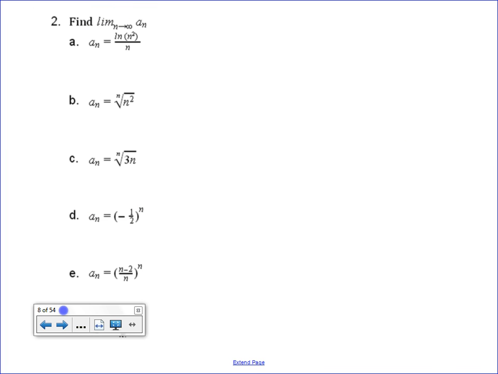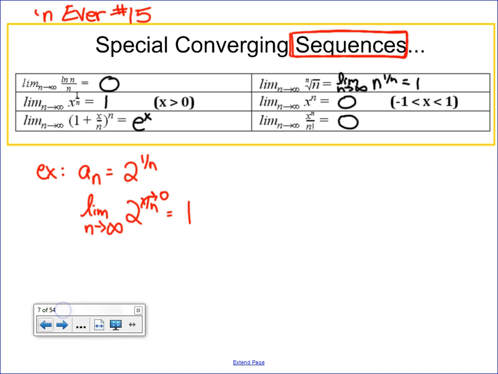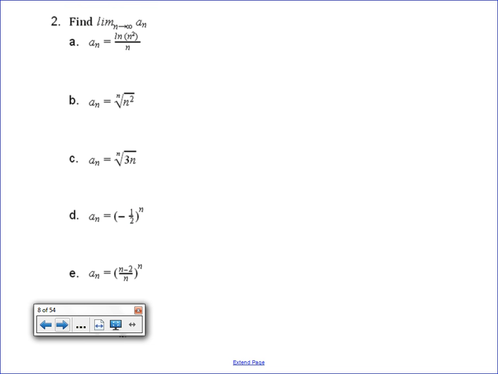So, let's use our new endeavor card. Ready? Just sequence. Limit as n goes to infinity of ln of n squared over n. 0. You sure? ln of n over n. Yeah, same thing.